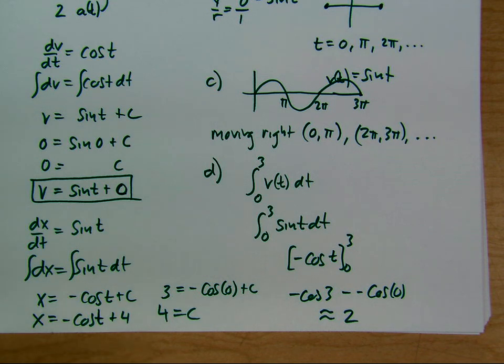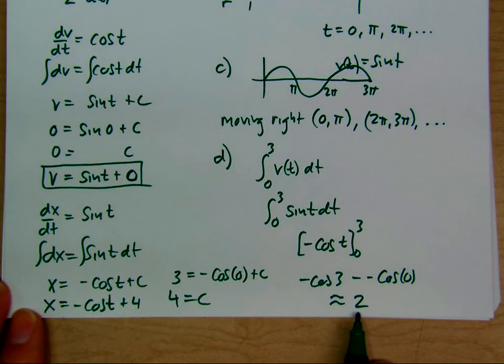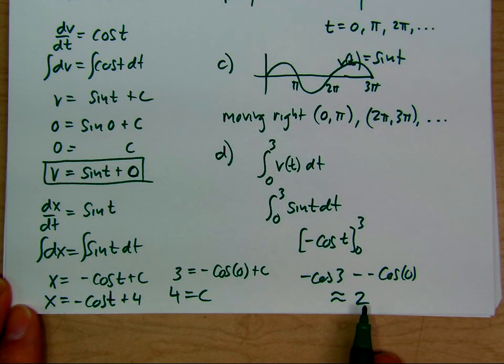We have negative cosine 3 plus 1. The distance traveled is 2, and that would mean that here's the distance traveled. It's not working out just right. But anyway, that's the distance traveled. Okay, we'll stop there.